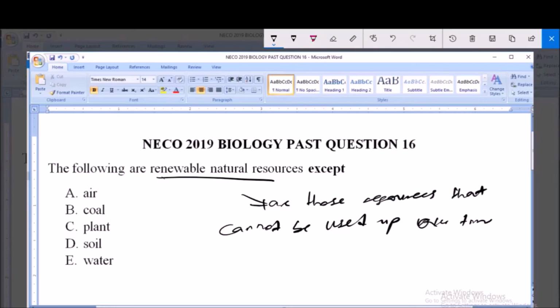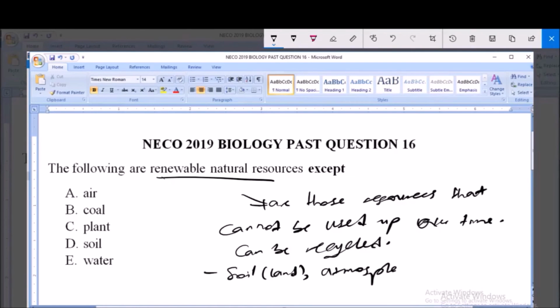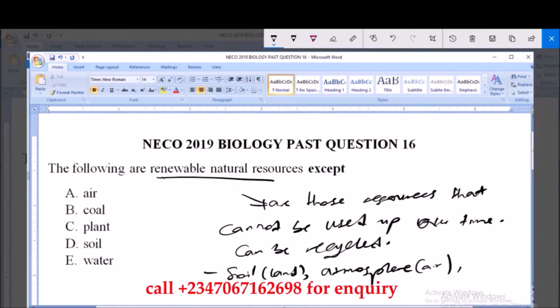Examples include the soil or land, the atmosphere or the air, forests, that includes plants and animals, water, and wildlife. So all these are renewable natural resources because they can be recycled. They can't be used up.